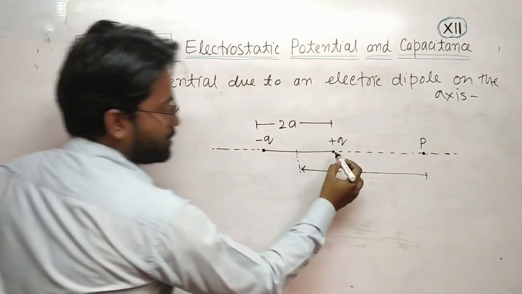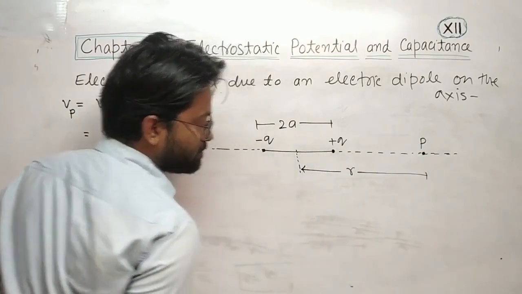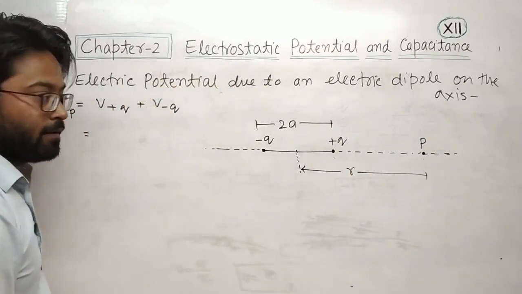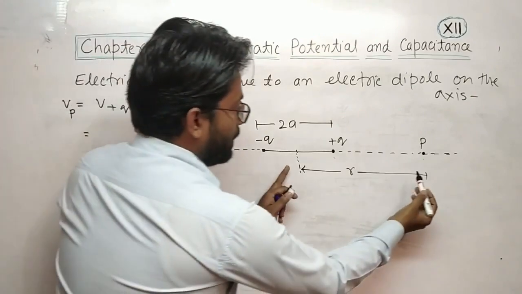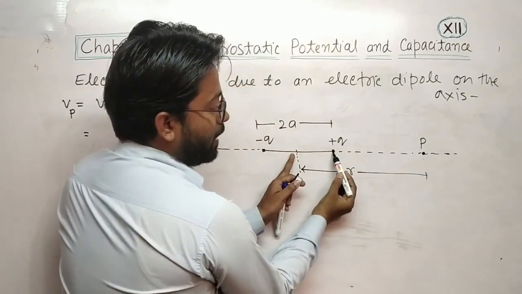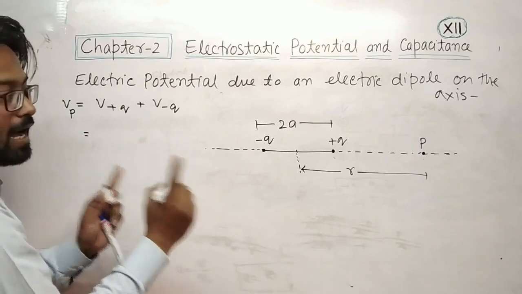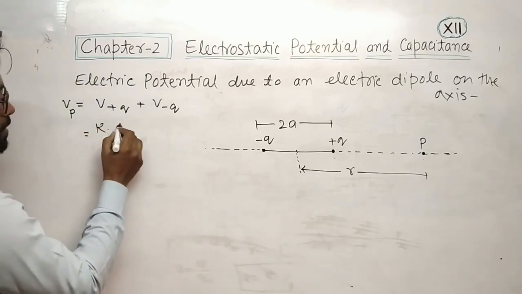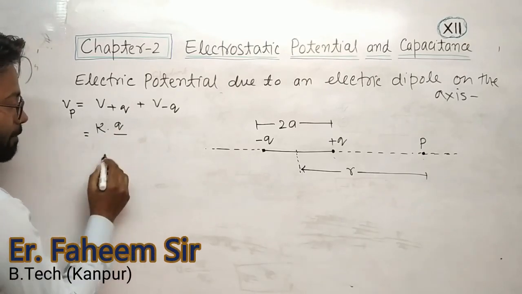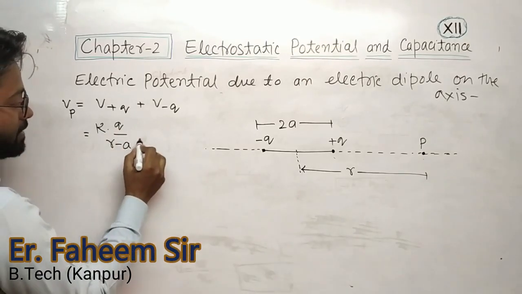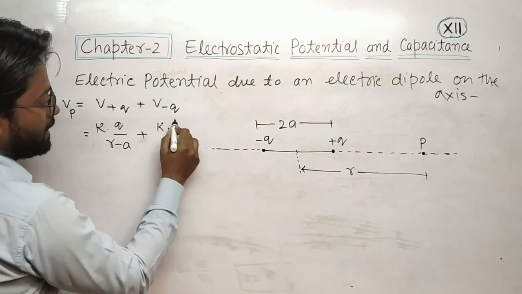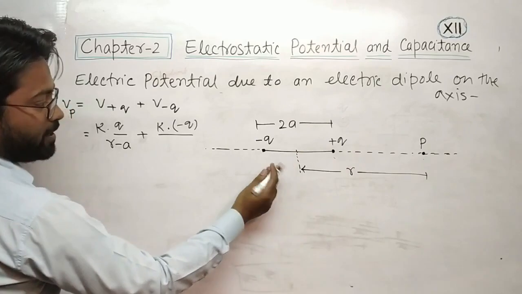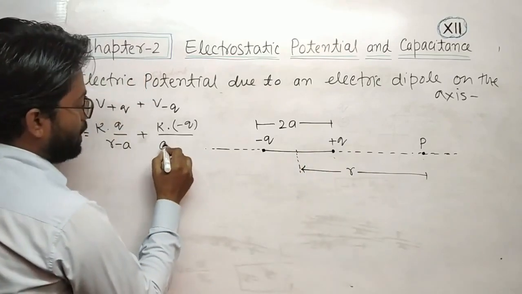V due to positive charge means distance between this positive charge and this point P. This distance is R and this is A. That means the distance will be R minus A. Means K, 1 by 4 pi epsilon naught, Q plus Q upon R minus A, plus K times minus Q due to this charge at that point, A plus R.